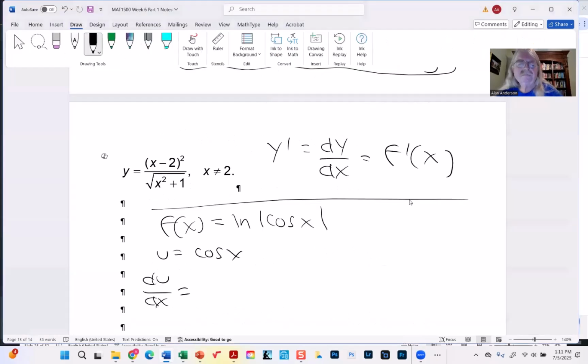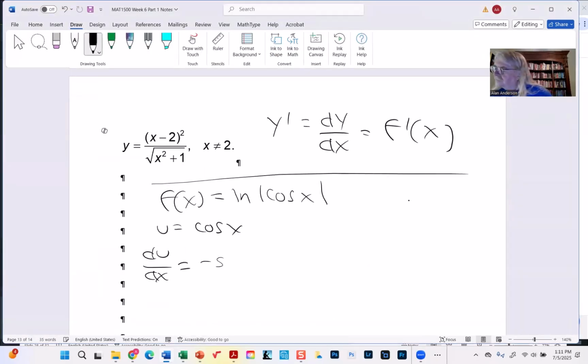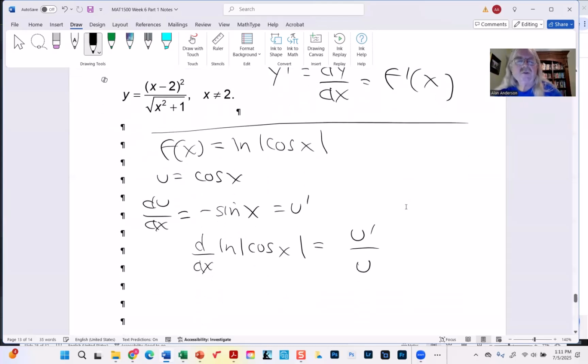Negative sine x. And so you basically have your derivative in the numerator, and in the denominator, you have u.